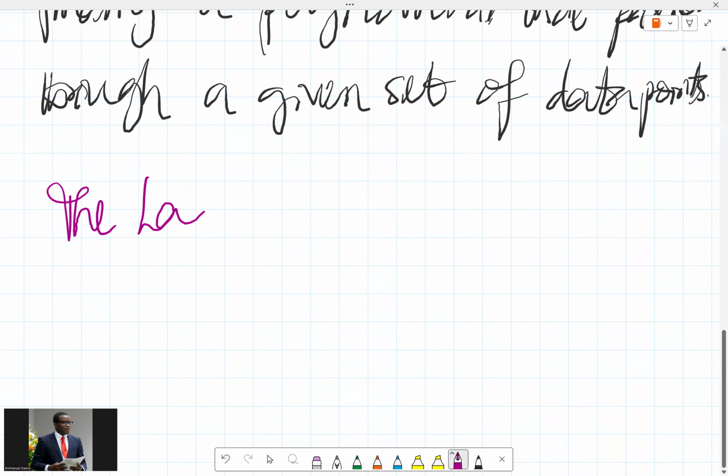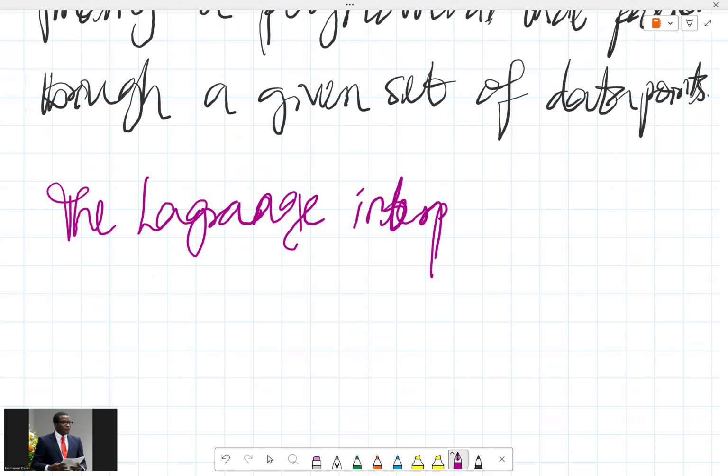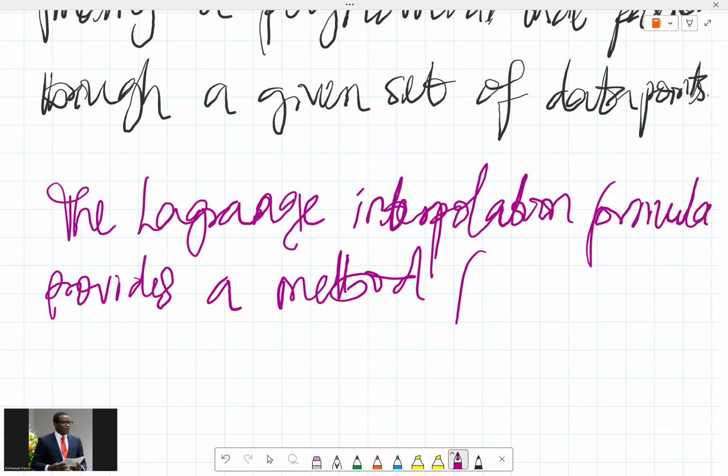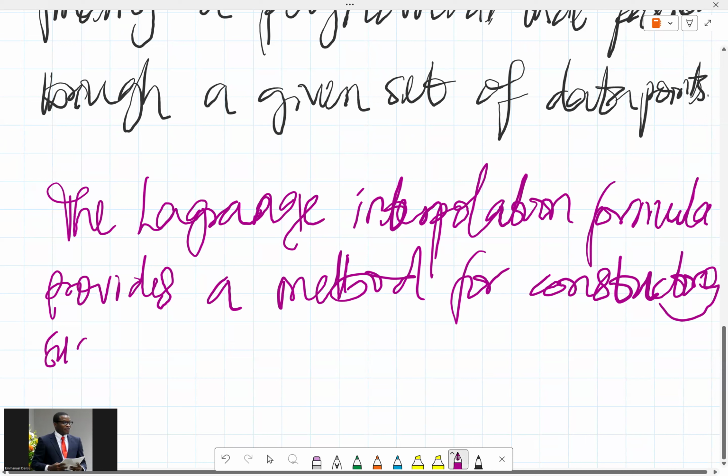Then the Lagrange interpolation formula provides a method for constructing such a polynomial.